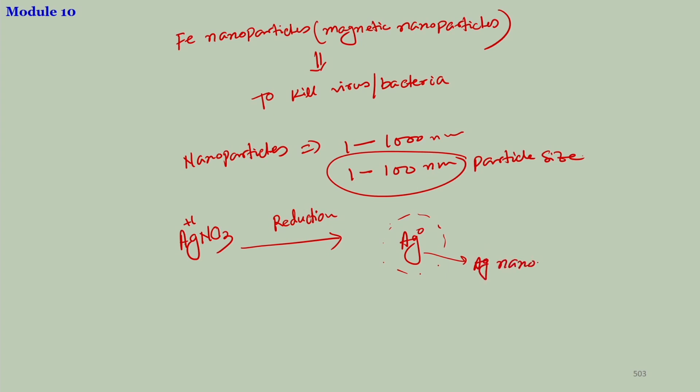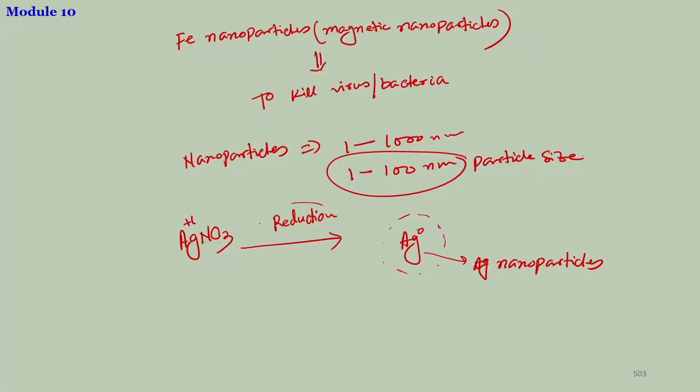Ag nanoparticles, which will be surrounded by their environment, and most often the environment is the reducing agent that you have used. That is the first surrounding environment. So, you can use chemicals.